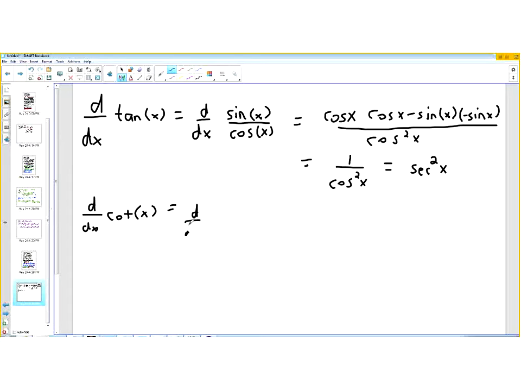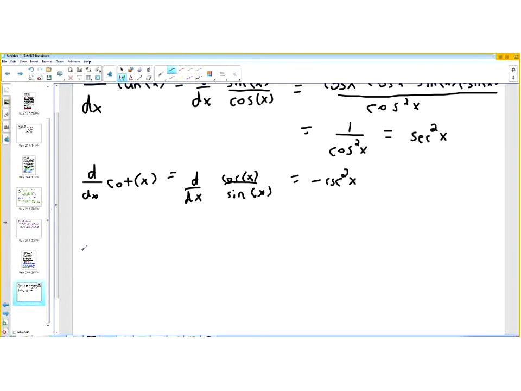You'll obviously have to use the quotient rule for this rational function, cosine x over sine x, and the result you'll get will be minus cosecant squared x. I expect you to be able to prove that.